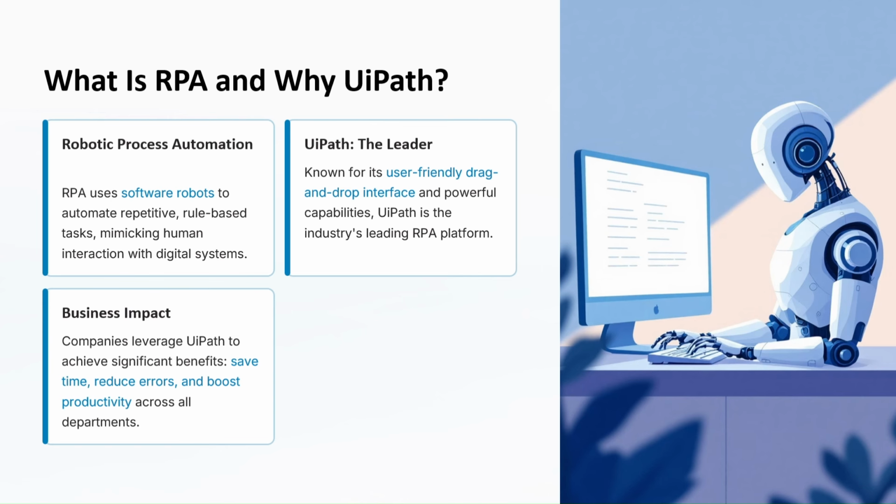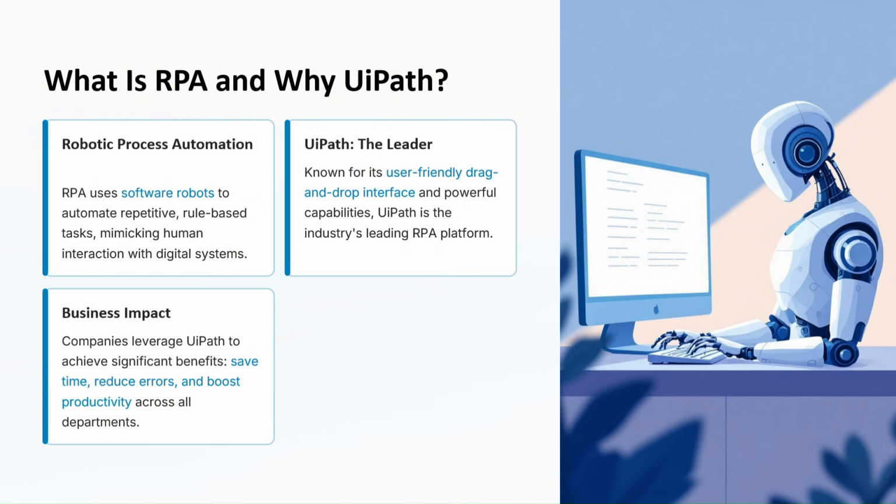And the question is, why UiPath? UiPath is one of the tools that we can use for RPA, I mean, using automation to automate our businesses. There are several tools we can use, like Power Automate, Blue Prism, Automation Anywhere, etc. But UiPath is one of the most popular RPA platforms in the world.